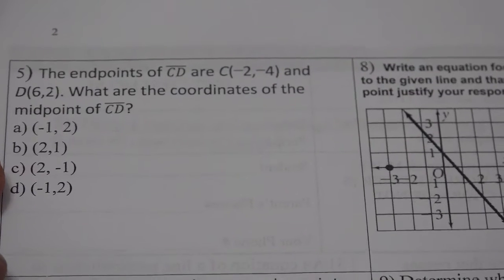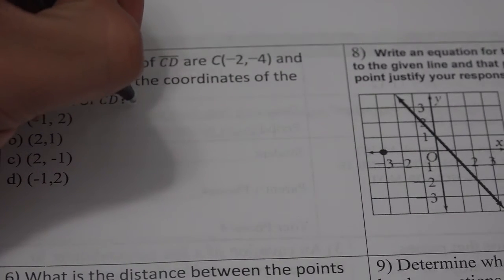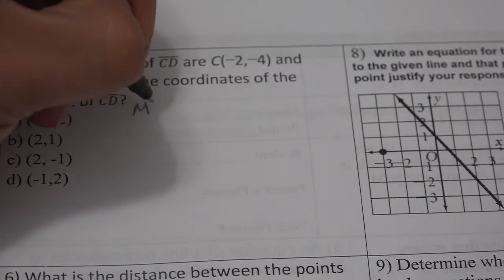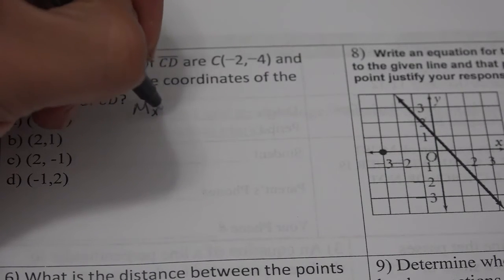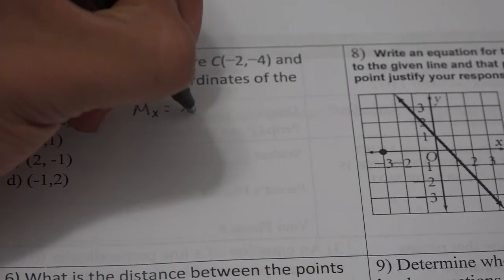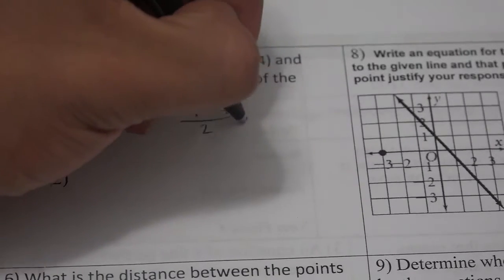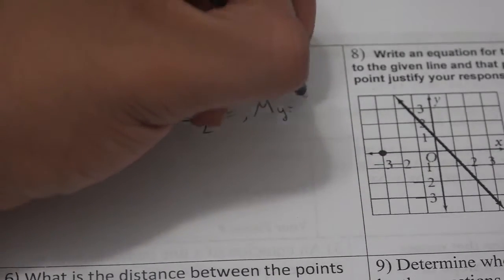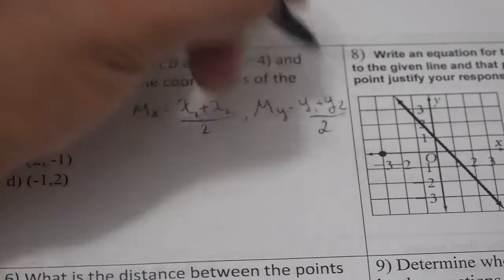The endpoints of CD are -2, -4 and 6, 2. What are the coordinates of the midpoint? Well, remember the midpoint. The midpoint of x is x1 plus x2 divided by 2. The midpoint of y is y1 plus y2 divided by 2.